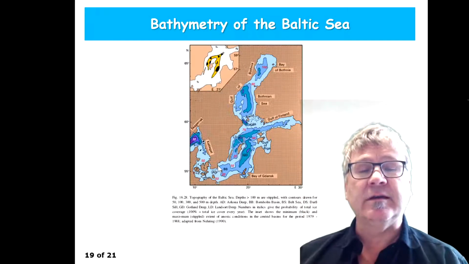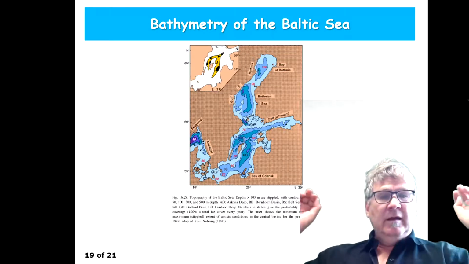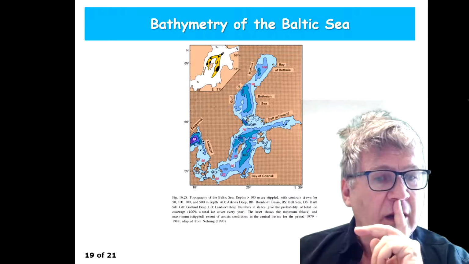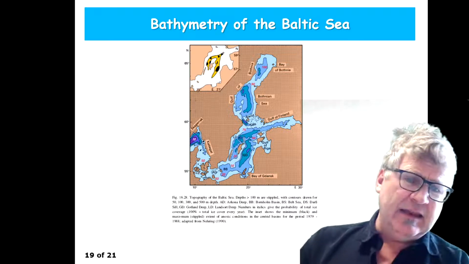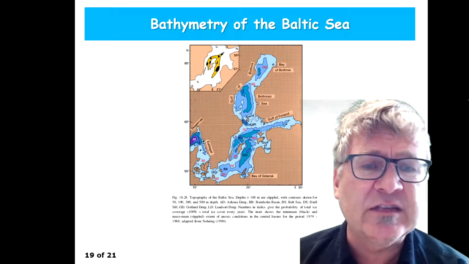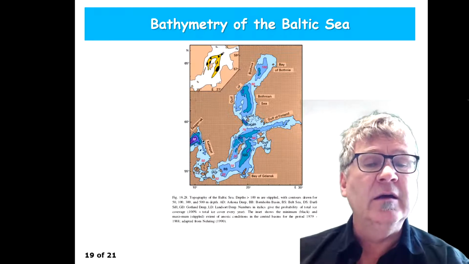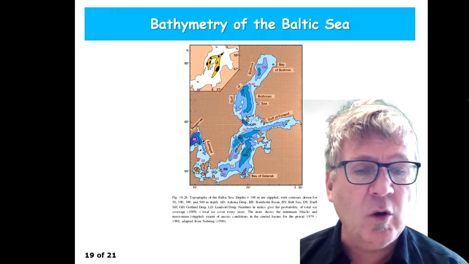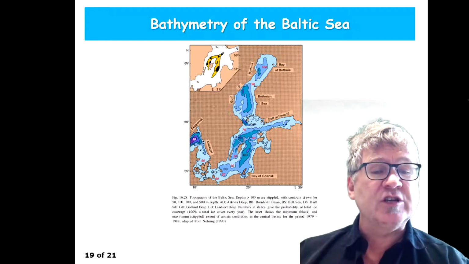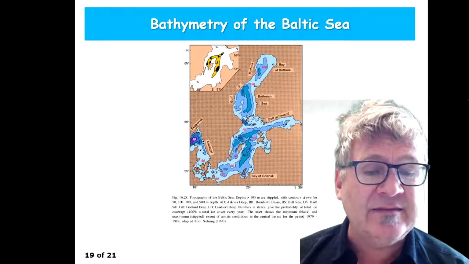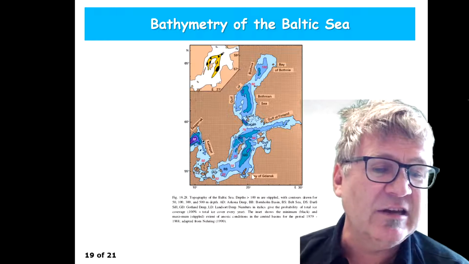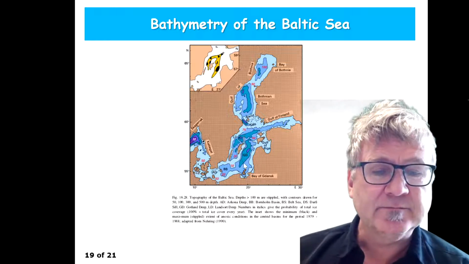Okay, Baltic Sea. Here we are. This is the depth. Okay, depth. It looks again like distributions that you've seen before. However, it's much shallower. Only the regions which are just exceeding 100 meters, there are some deeper regions here, are stippled.